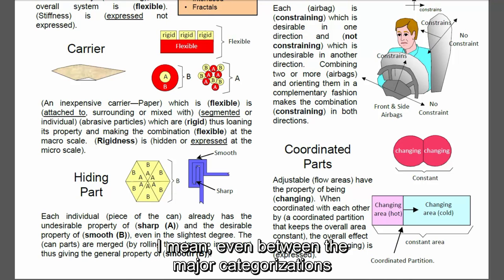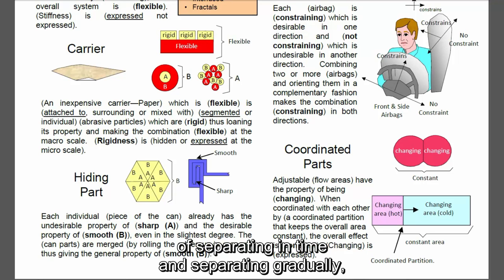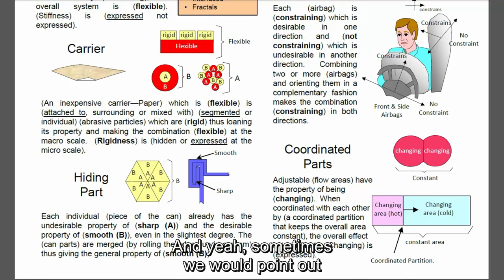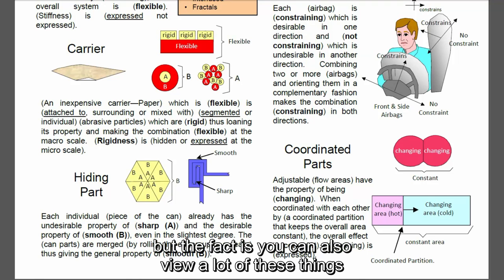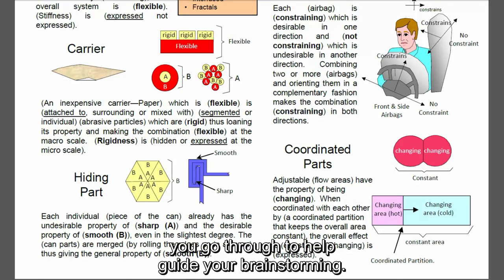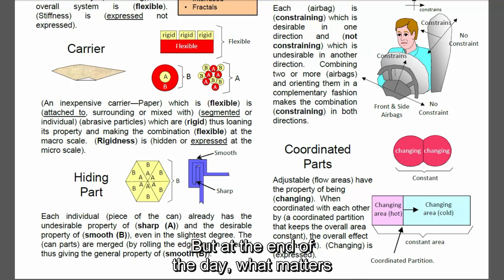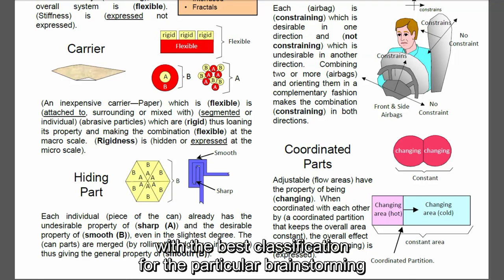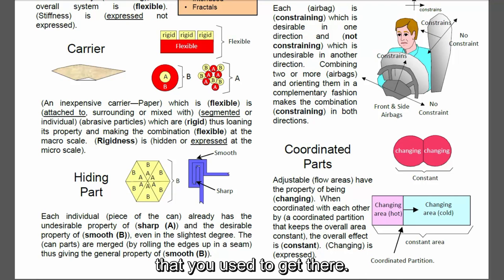I mean, even between the major categorizations of separating in time and separating gradually, for example, we saw some overlapping concepts, and yeah, sometimes we would point out different nuances or different emphases, but the fact is you can also view a lot of these things as highly related and overlapping, and so it's a useful tool, it's a useful series of exercises to go through to help guide your brainstorming, but at the end of the day, what matters is the ideas that they generate for you and not whether you can properly identify or come up with the best classification for the particular brainstorming principle or separation principle that you used to get there.